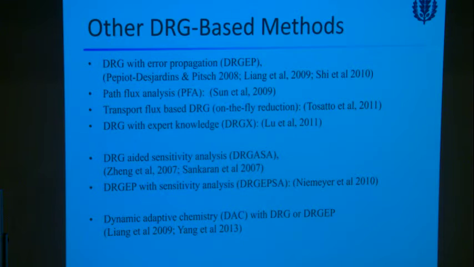If you delete it and the error is not okay, then we keep it, just as what we did before. It's brute force and time consuming, so each time we run DRGASA, we put it at the last step. It takes at least a couple of weeks to do the whole reduction. But DRG typically just takes a few seconds to do a wide range of parameters. 10,000 points is done very quickly.